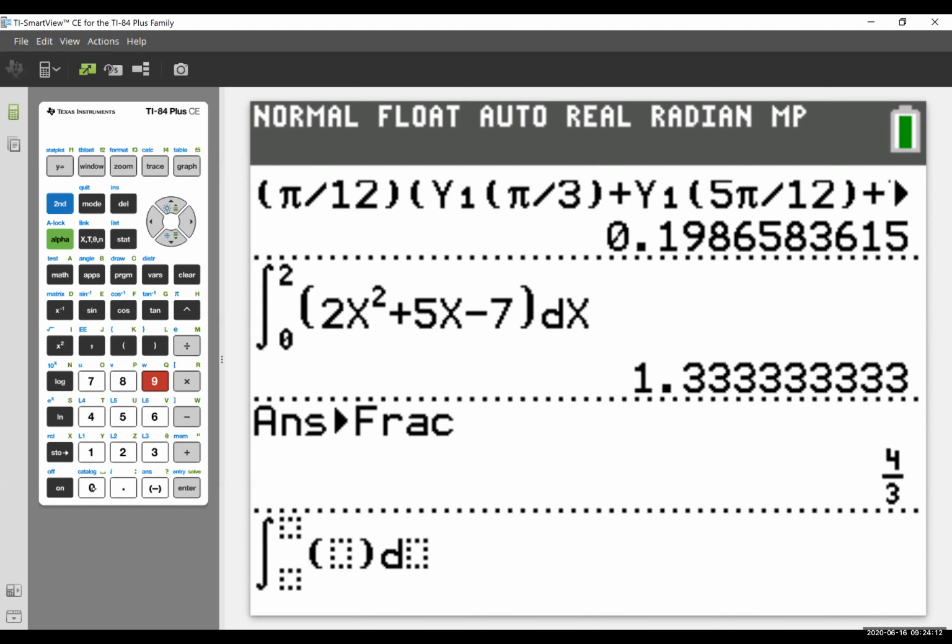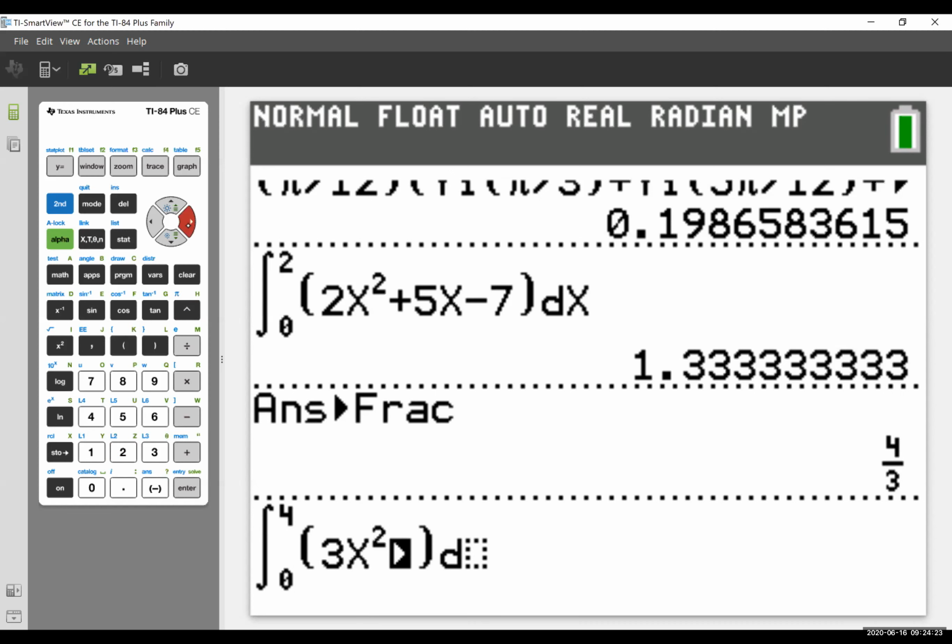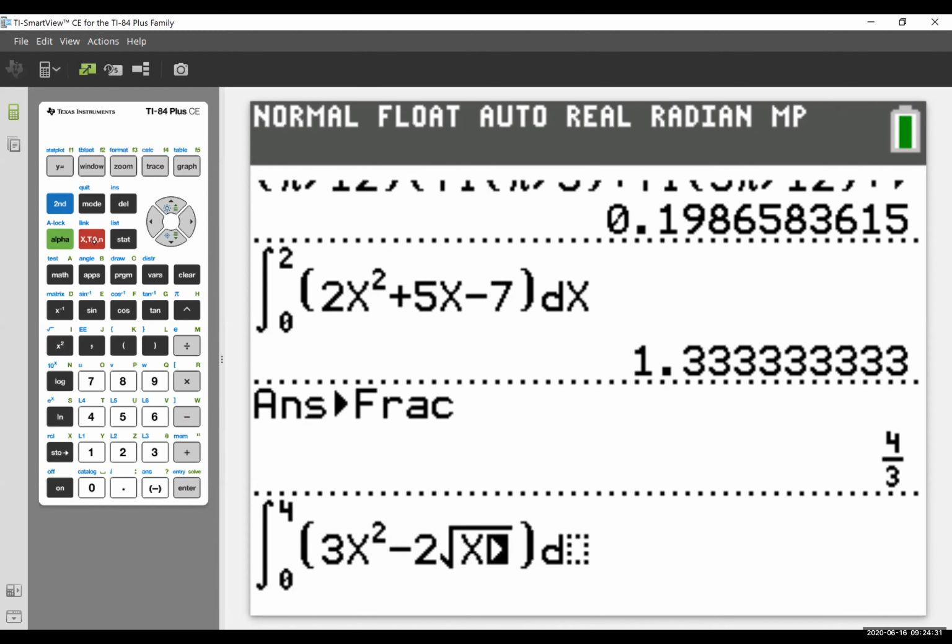My lower limit's 0. My upper limit is 4. 3x squared. Now I'm going to subtract off 2 square root of x, and I have to be careful to make sure I have the division sign.